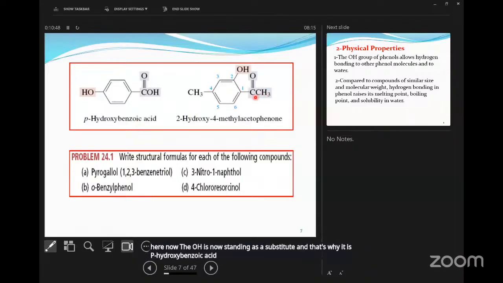And you can see too, because ketones are also higher here, this is now acetophenone. This substituent, this acetyl group, is aceto. So this is acetophenone.